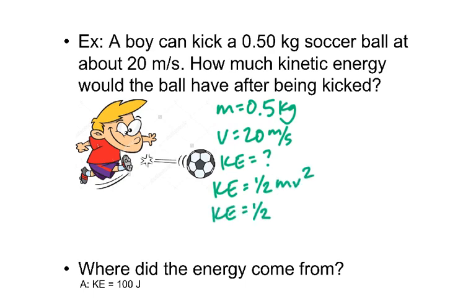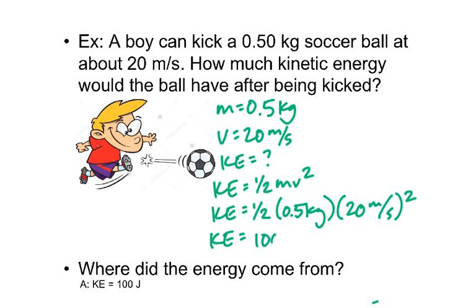We're going to do 1/2 times 0.5 kilograms times 20, and we want to square the 20. And just like with EPE, start at the back end, so do 20 squared first, and that gives you 400, times 0.5 for the mass, times 0.5 again for the 1/2, and you end up with a KE of 100 joules.